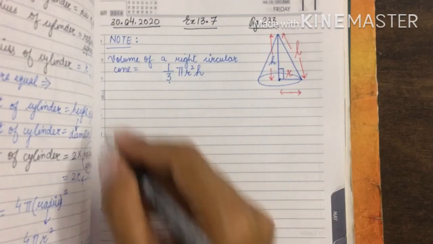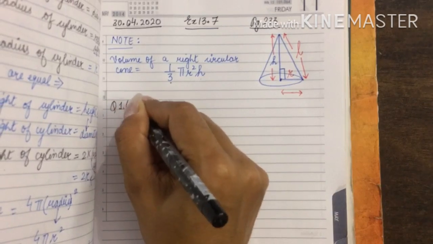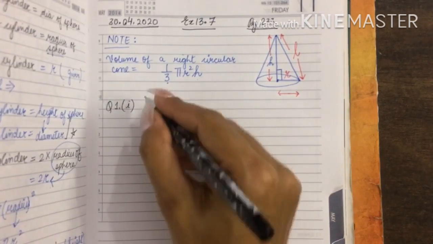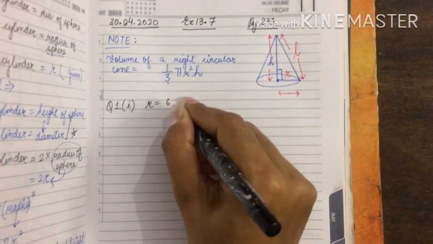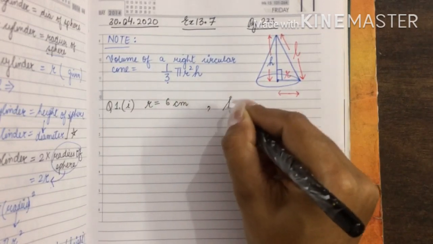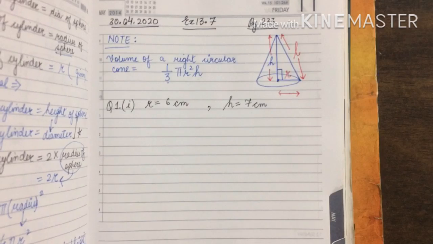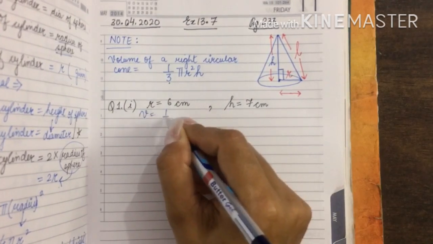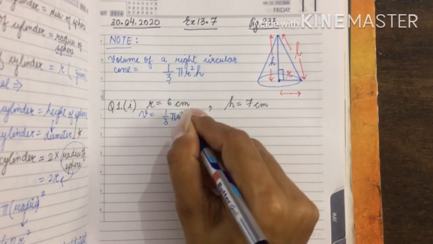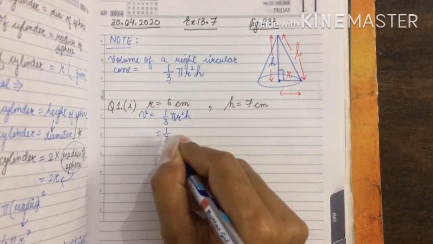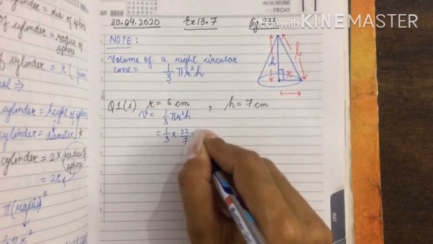Let us solve the first question. Question number 1, first part. The radius is 6 centimeters and the height is 7 centimeters. Let us find out the volume. The volume will be given by 1/3 pi r square h. Substitute the values and simplify.